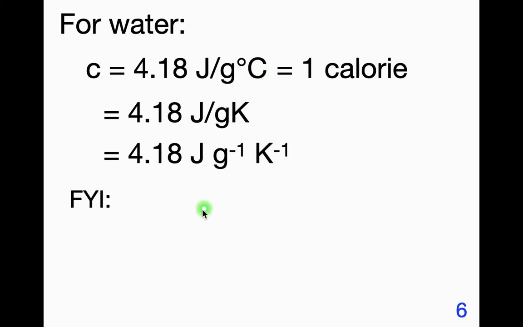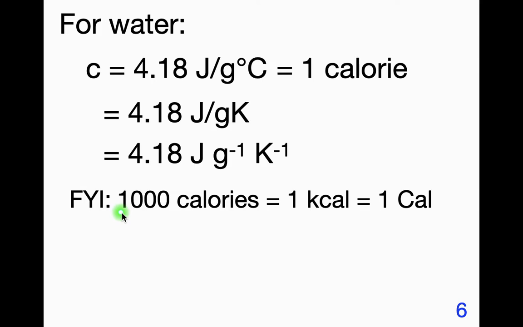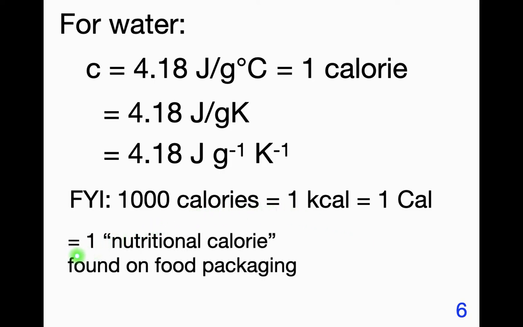Okay, now this you might find interesting. This is just FYI. 1,000 calories, these calories defined as we just did, is what we mean by a kilocalorie or a big calorie, 1 big cal. That's how they call it, a big cal. Is, in fact, a nutritional calorie.